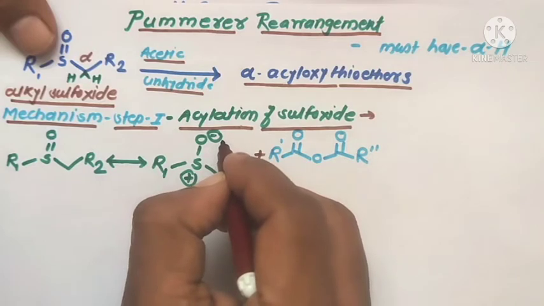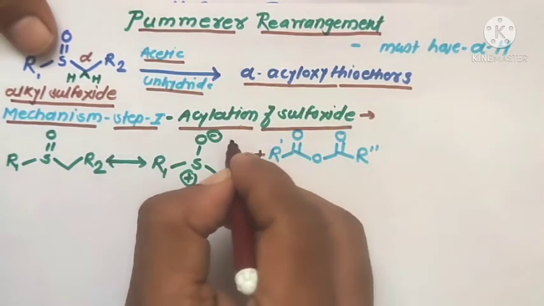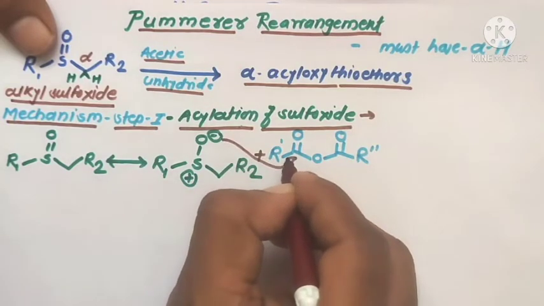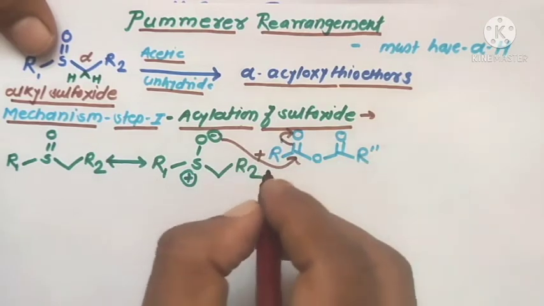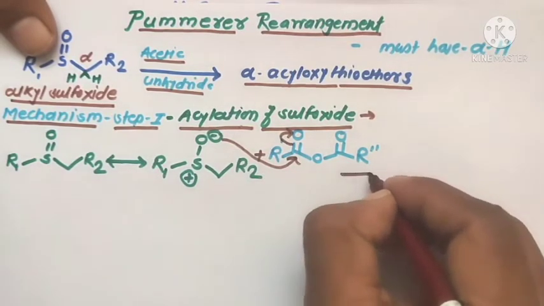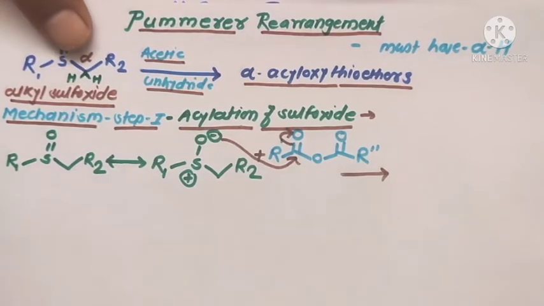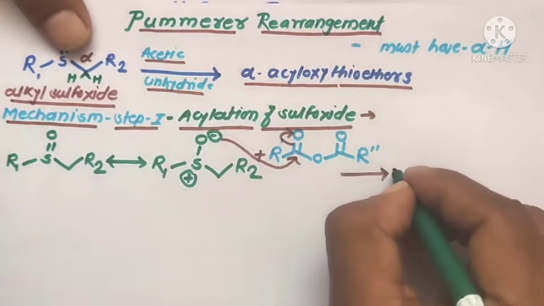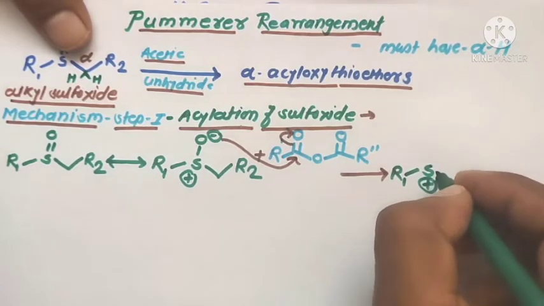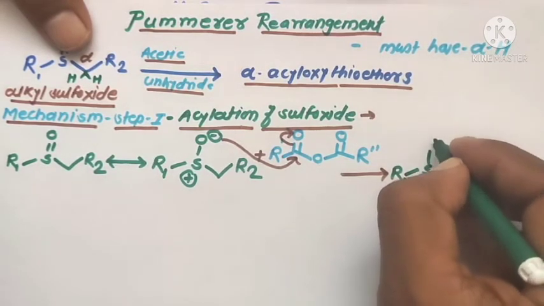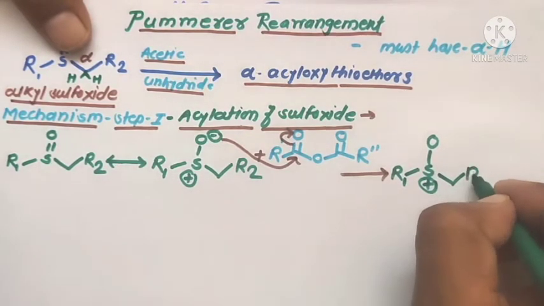The oxygen containing a non-bonded pair of electrons donates toward the electron-deficient carbonyl carbon atom of the anhydride molecule. The bonding electrons shift toward the more electronegative oxygen atom to form a molecule like R1 S positive charge, O, and the remaining group, that is CH2 R2.